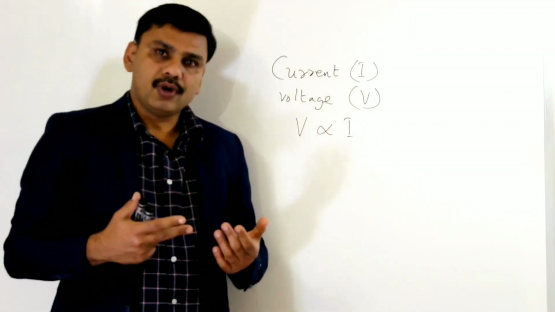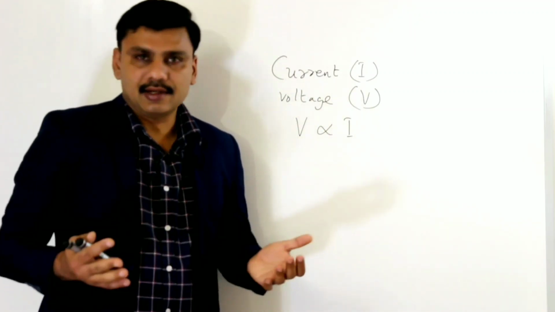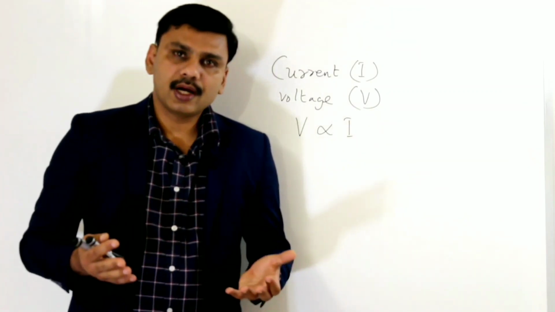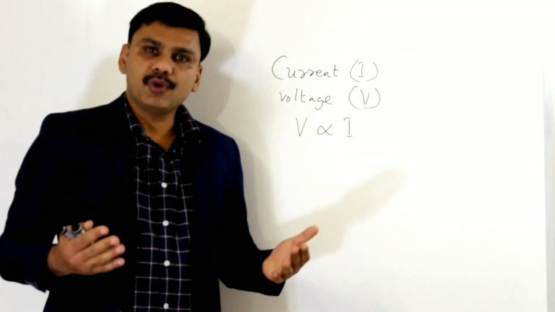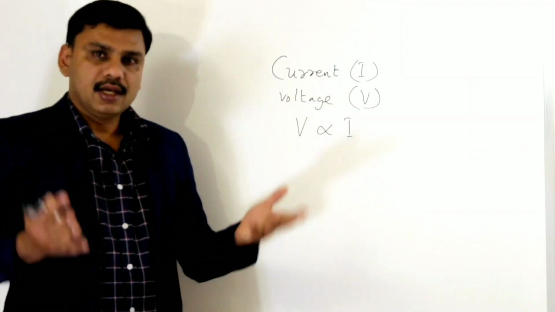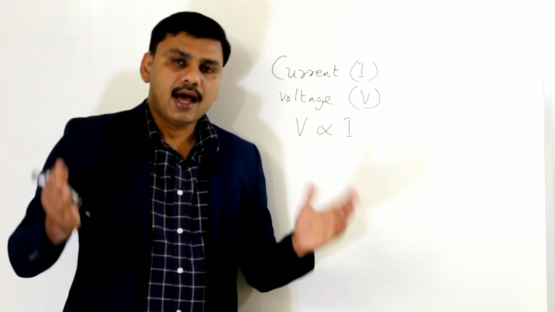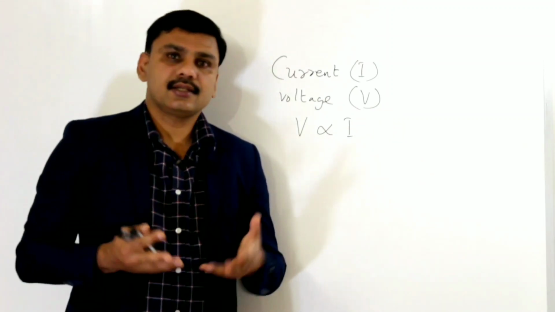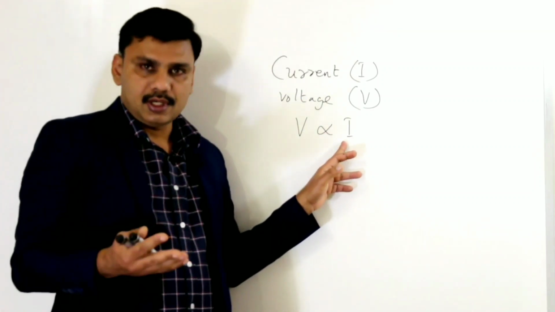If there is less voltage, the brightness of the bulb is less. What is the reason? If the voltage is more, the current flowing through the bulb will be more and it will produce more light. If the voltage is less, the current flowing through the bulb is less and it produces less light. So voltage and current are proportional.